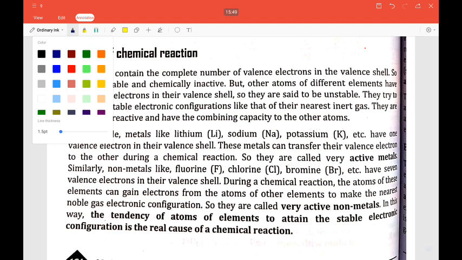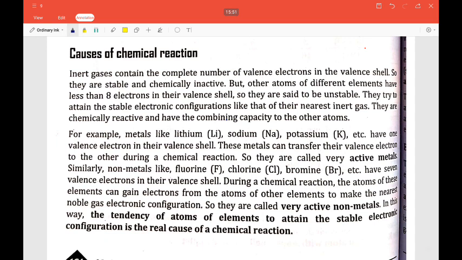Either the electrons are lost, gained, or shared. One donates, it loses; another gets, that is gaining. But sometimes they share.